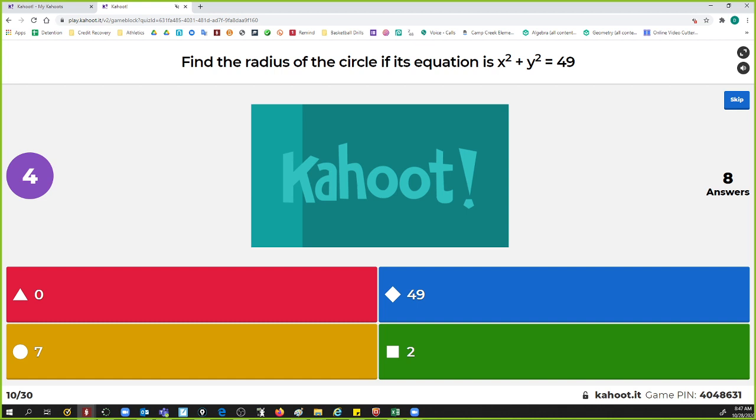If they give us the center, what's the only thing we're missing? Radius. How do we turn a circumference into a radius?